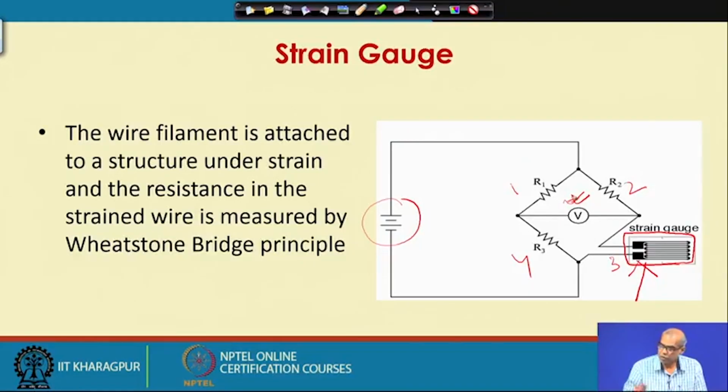So, the output voltage is 0 initially. Now, I apply strain to the sample. So, the resistance wire is also under strain, there will be change in resistance. So, there will be an unbalanced current in the Wheatstone bridge. So, the output voltage will no more be 0. So, the output voltage can be related to the strain through proper calibration.